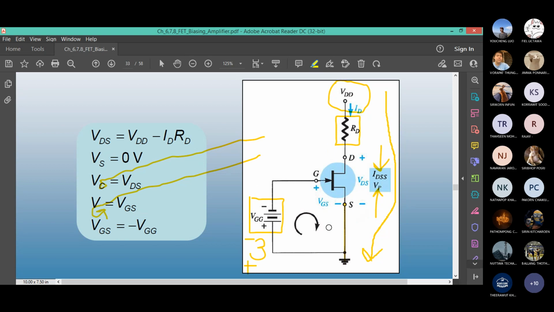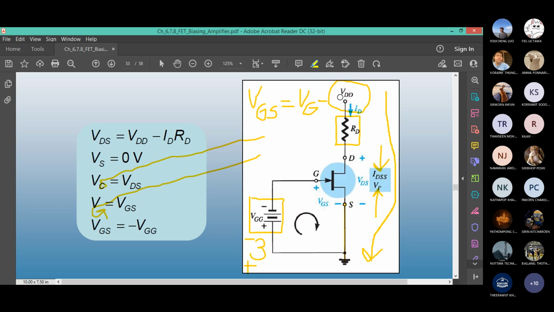Go ahead. Where did you find the VG on the plus sign? This one, yeah, the VG. See, the slide was missing VG. VG is like this. If you use VGS, using the double subscript notation, VGS means VG minus VS, right?